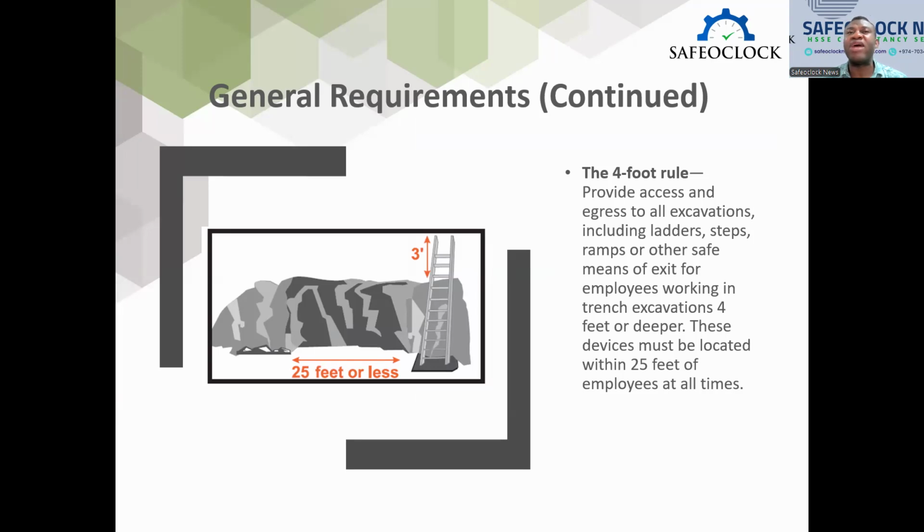So if the excavation is very long, at each 25 feet an access like a ladder, step ladder, staircase, or any type of access that is suitable for that excavation must be provided within 25 feet of the working location of each worker. Then the 4-feet rule says that the ladder provided should be properly sloped so that it can be used by the people working inside there at an angle of about 4 feet.